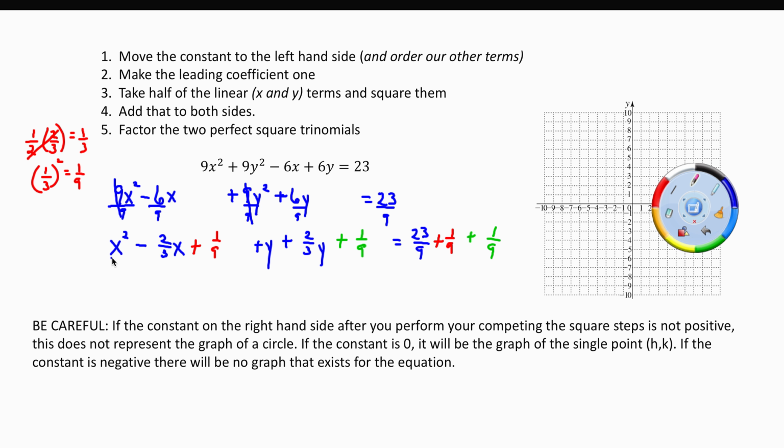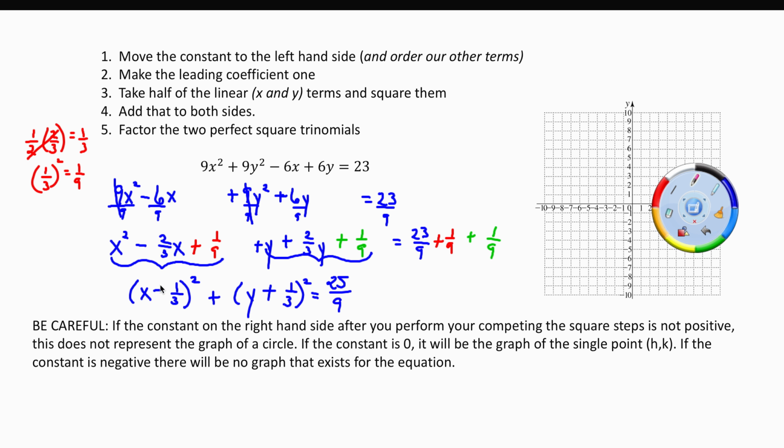Okay, I did that because that makes this a perfect square trinomial that factors with this sign and this first value, 1/3, all squared. I've got a plus sign, and then this is also a perfect square trinomial, so I can factor it as y plus 1/3 squared equals, they all already have the same denominator, so 25/9.